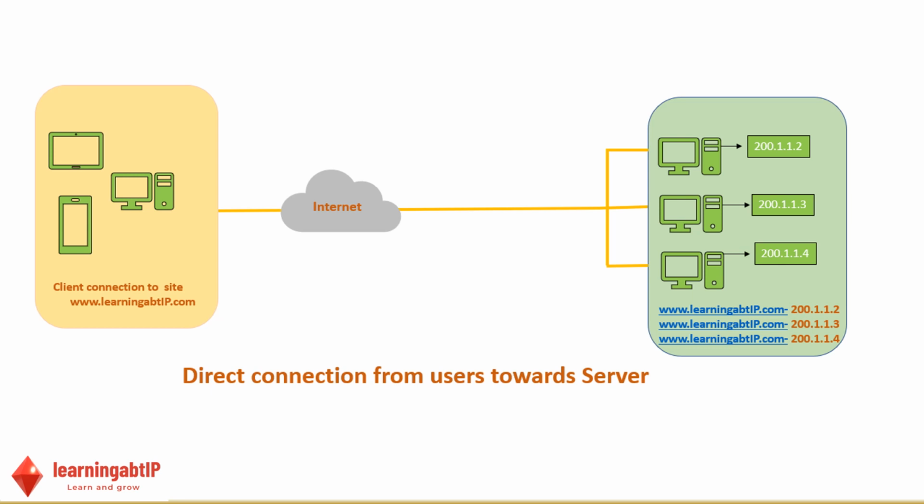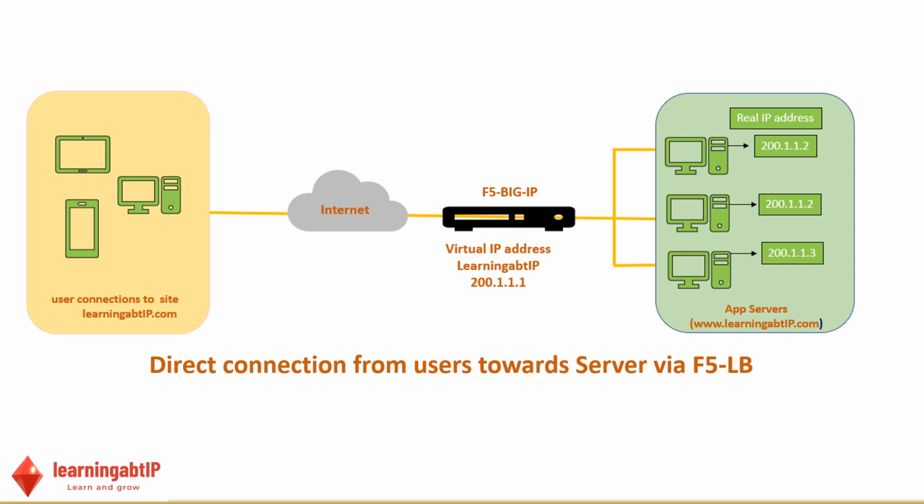Okay, so let's see what advantages we have when we have a load balancer between our client and server. Here in this example, we have a Big IP that sits between client and server, and we also have a pool of servers. Big IP assigns a virtual IP address for the learning about IP website, and all the servers in the pool are mapped to this virtual IP address.